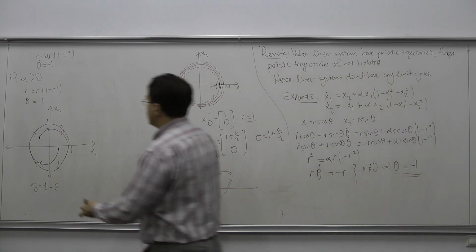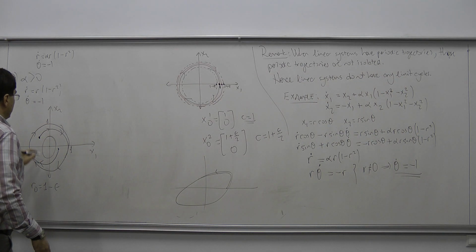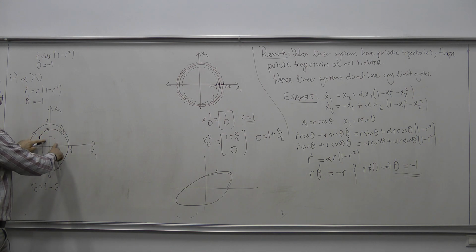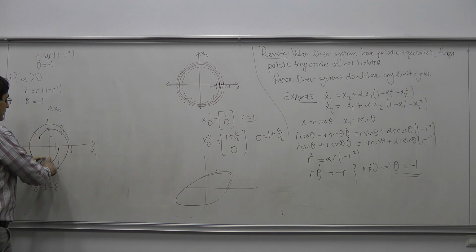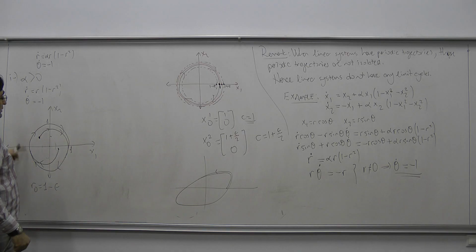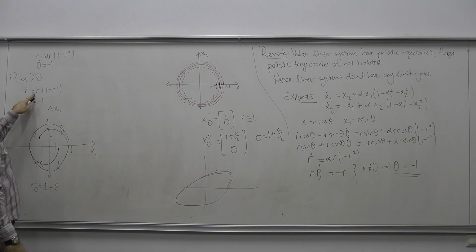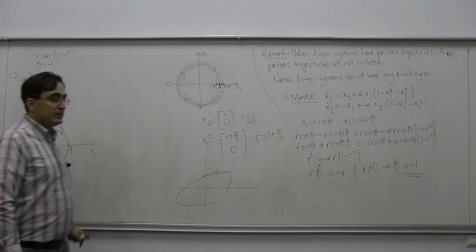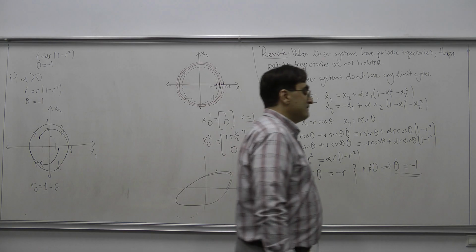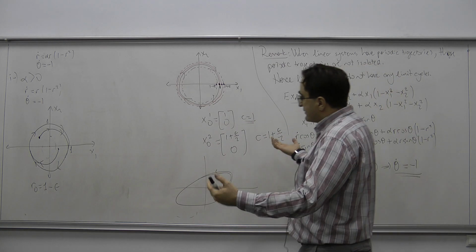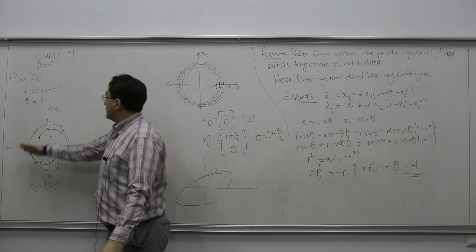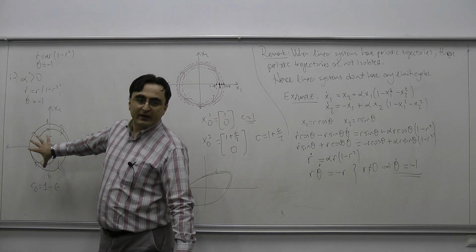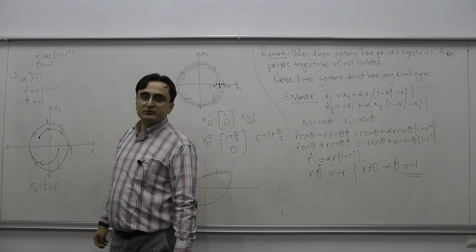There is nothing like this. There is no rotation like this. All trajectories started inside this periodic trajectory would always converge back to this original periodic trajectory because of the radius dynamics here. Okay? So I can say that there is no other periodic trajectory inside this periodic trajectory.